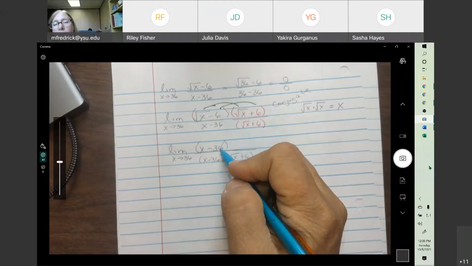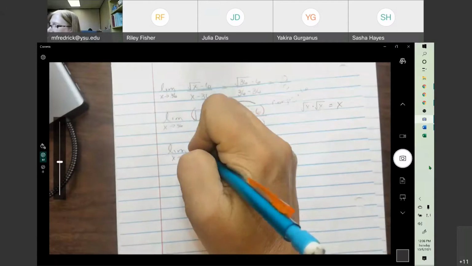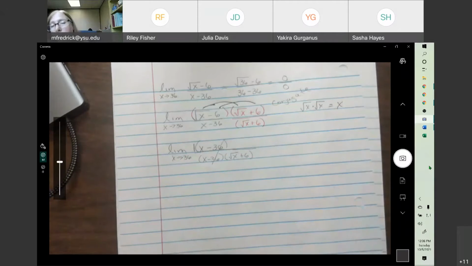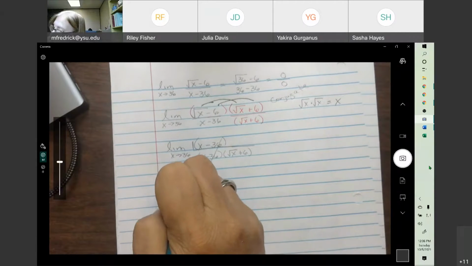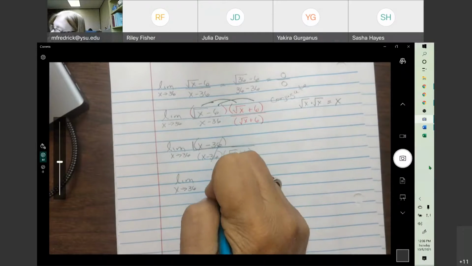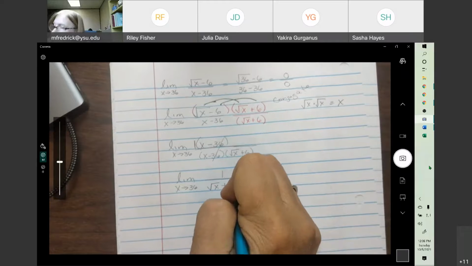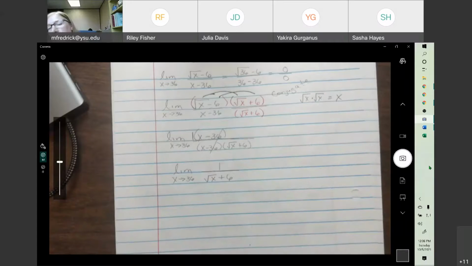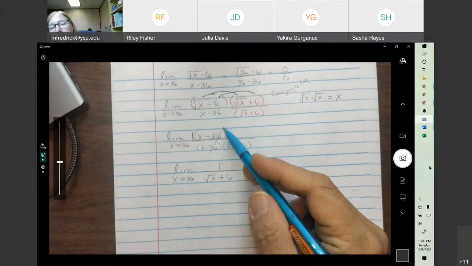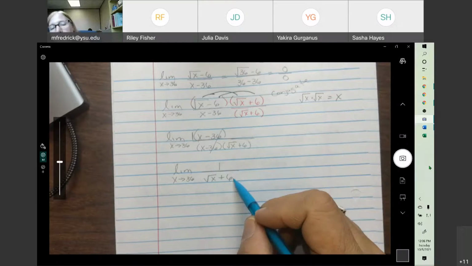Notice that these cancel. Remember, when there's no number, it's a 1. So it leaves a 1 on top. So the x minus 36 is canceled. Left 1 over the square root of x plus 6.